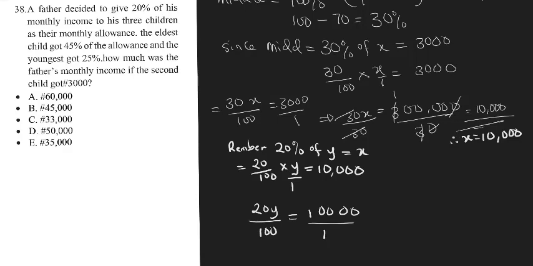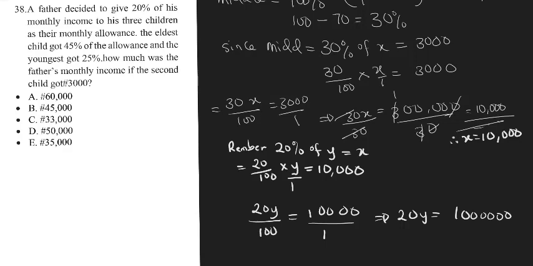So cross multiply. If you cross multiply, you're going to have 20Y equals 1000 times 100. So it's going to be 1000, then add 2 zeros. So divide by 20.